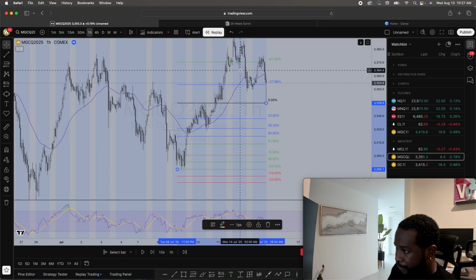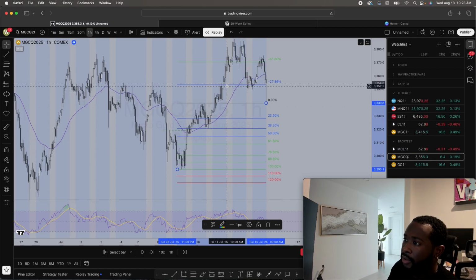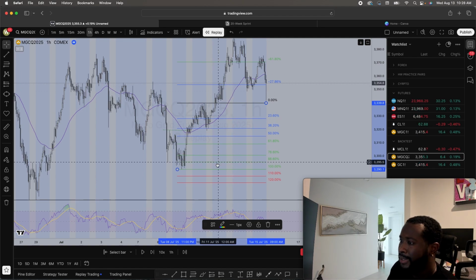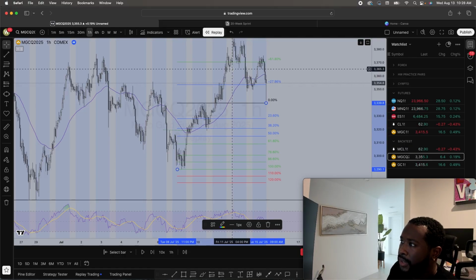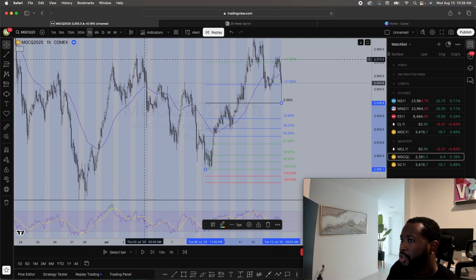Whenever it pulls back to any of these levels, I have two areas where I can either scale out or use as my overall TP, right? So let's say price pulled all the way down here to this 78.6, I will be more comfortable taking it to that negative 61.8 level just because I know that there's structure up here where it can hit, right?